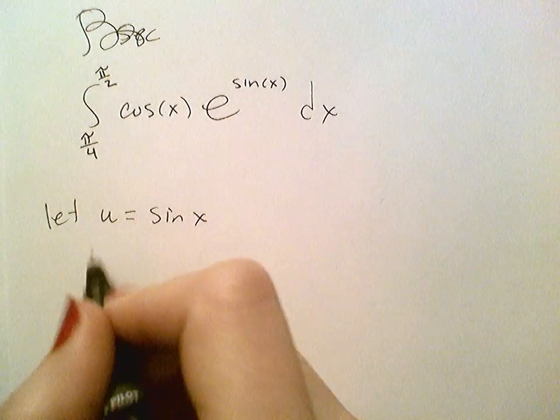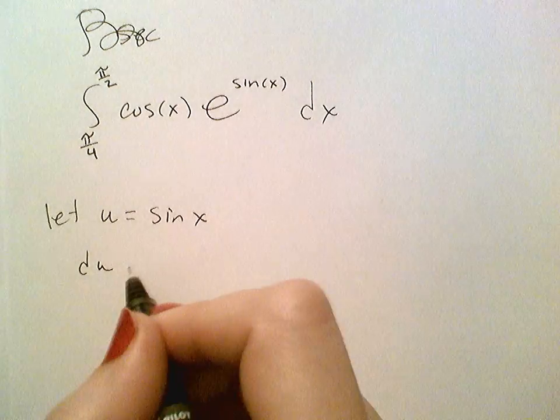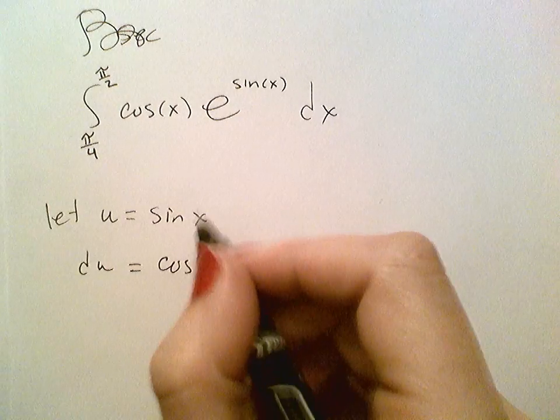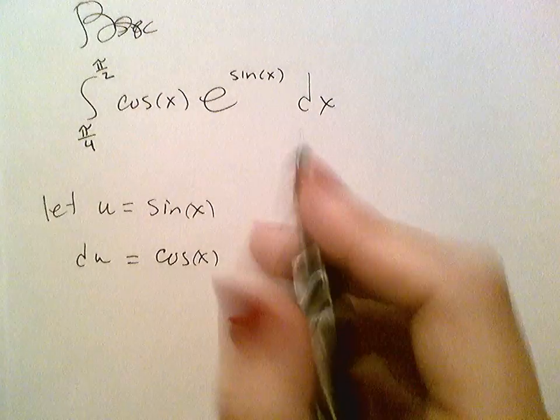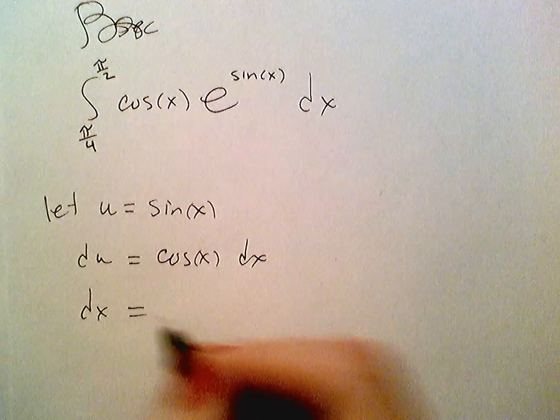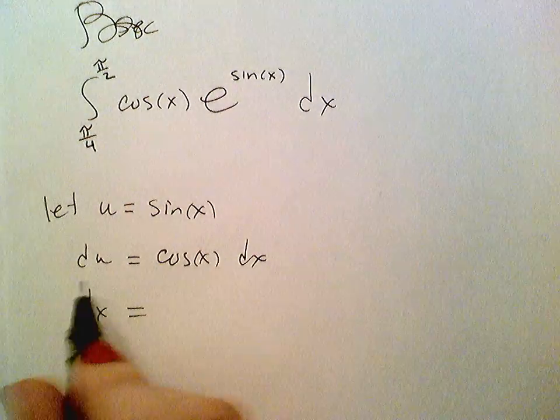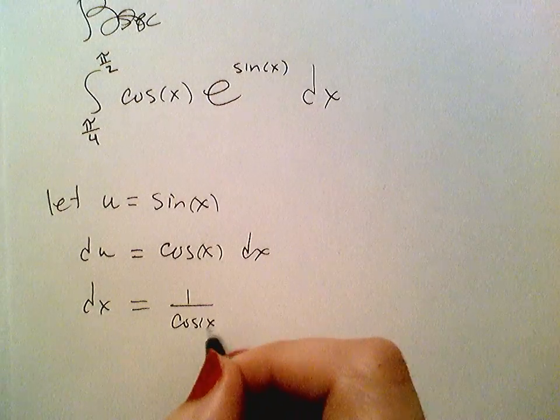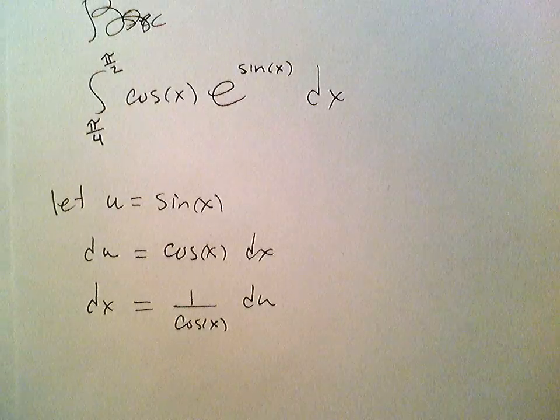So now I'm going to find the differential of this. So du, that's called the differential, is equal to cosine of x, I like to put parentheses around those, cosine of x dx. So dx is equal to du over cosine of x. I've seen some of you do that. Or you can go 1 over cosine of x du.